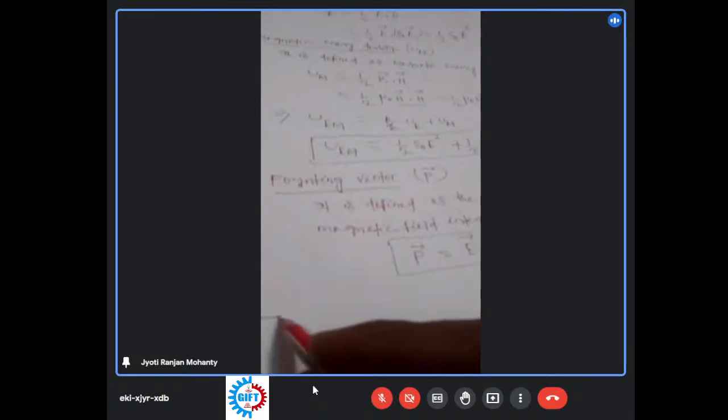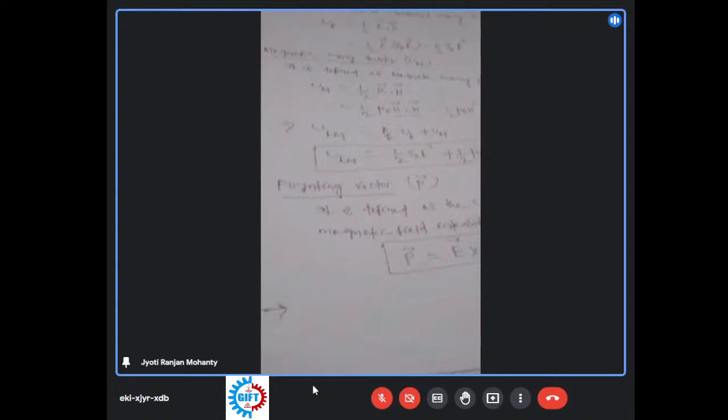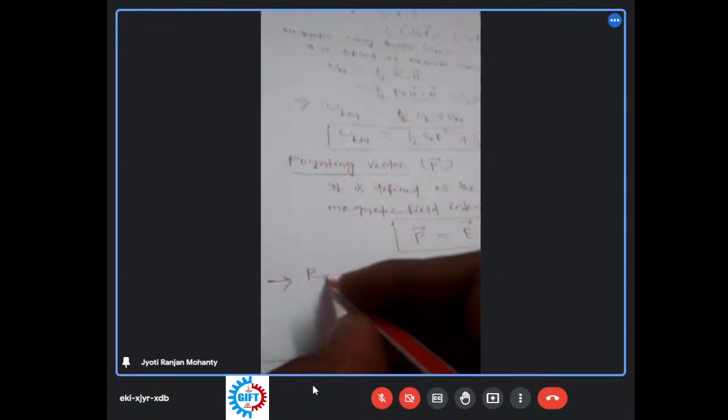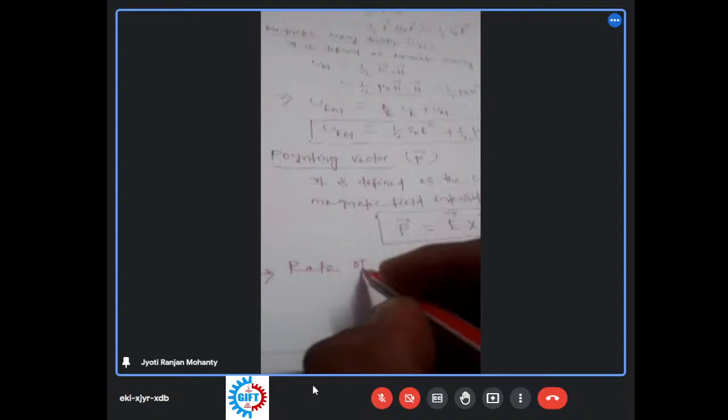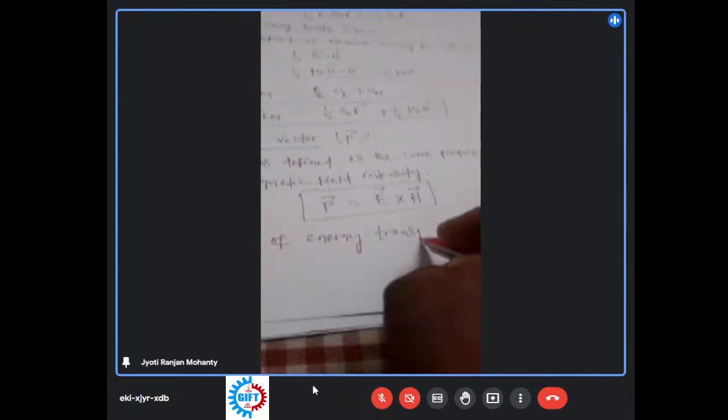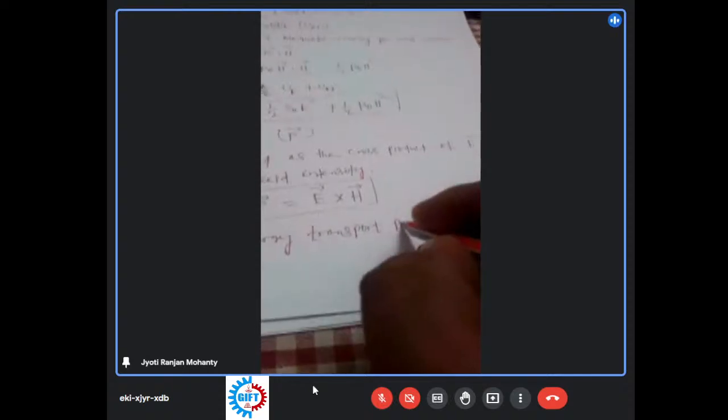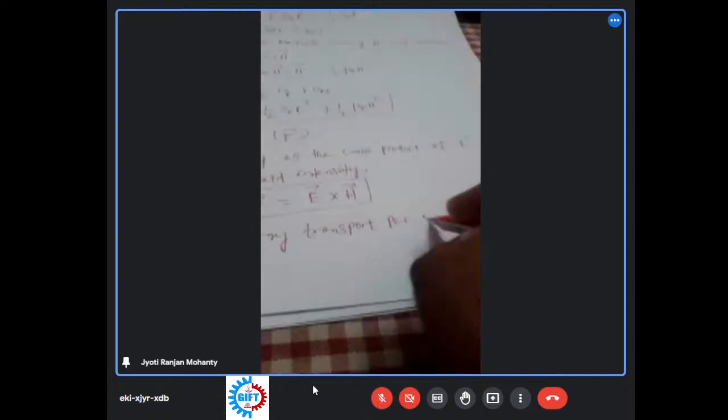Another definition: the rate of energy transport per unit area is defined as the pointing vector.